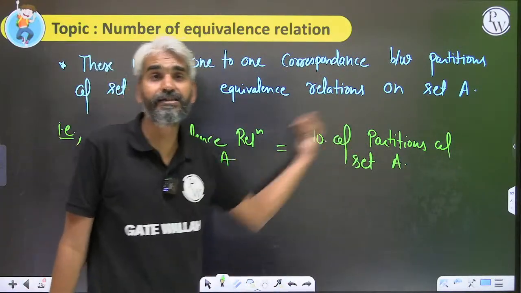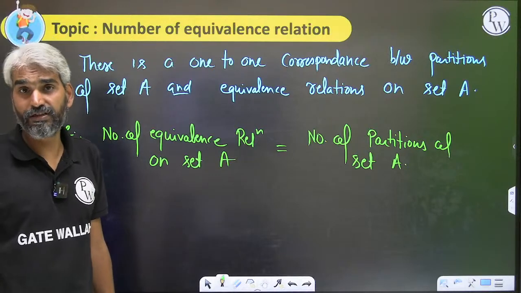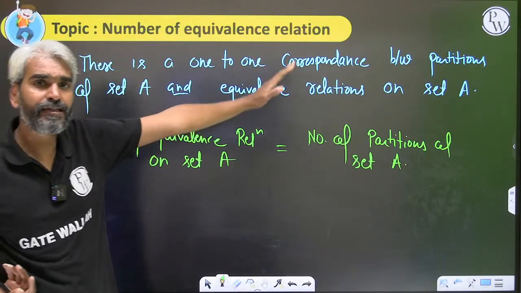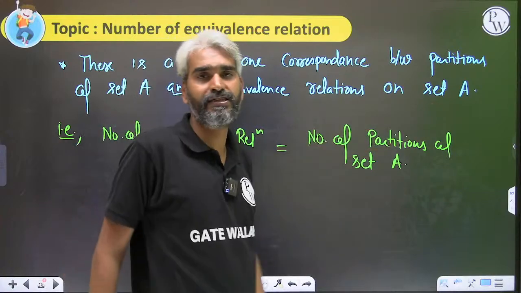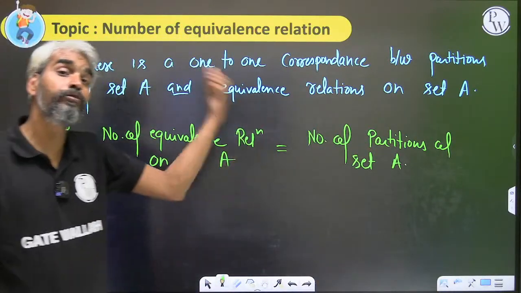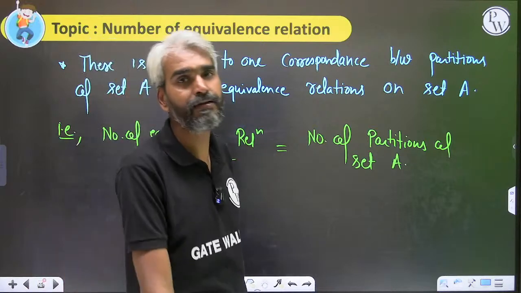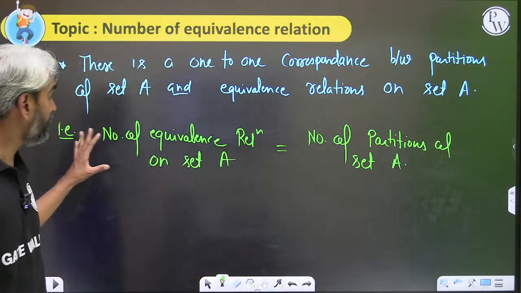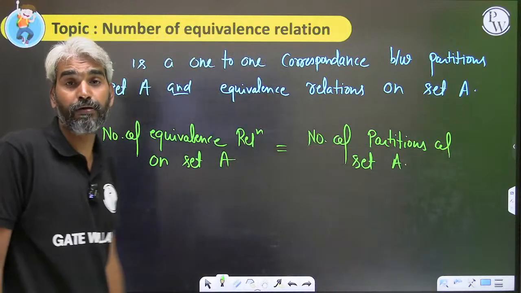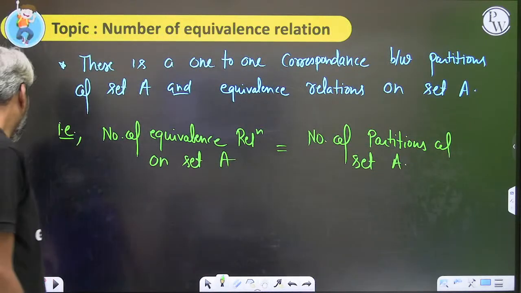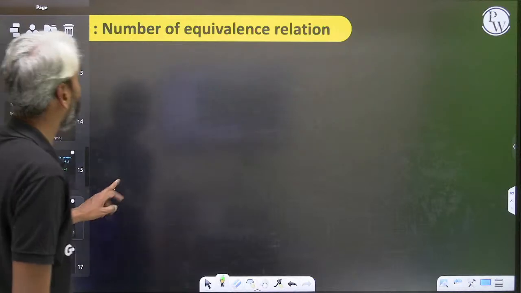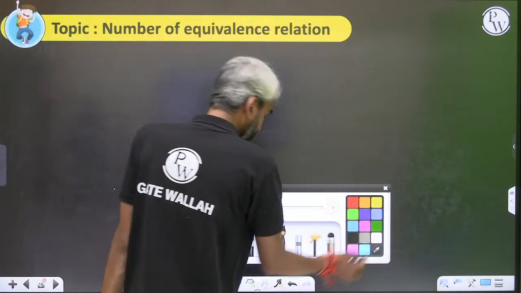As the partition changes, the associated equivalence relation will change. That means for every partition of set A, there will be a unique equivalence relation. Similarly, for every equivalence relation on set A, there will be a unique partition created by that equivalence relation. Therefore, the number of equivalence relations on set A will be exactly the same as the number of partitions of set A.